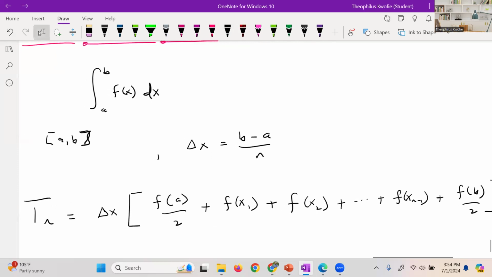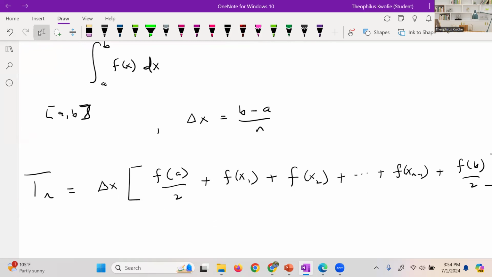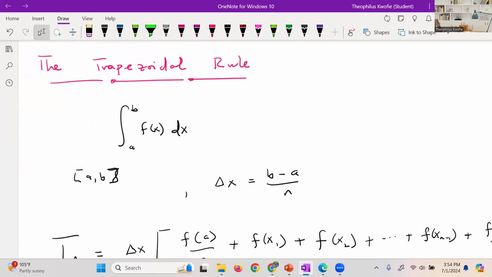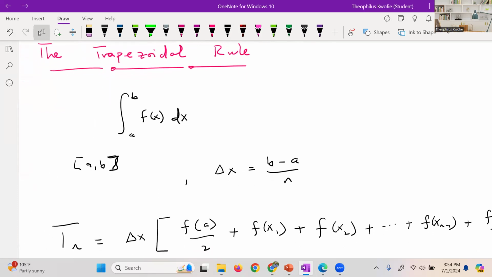All right, so this is the formula that we are going to use to find an approximate value of this definite integral.